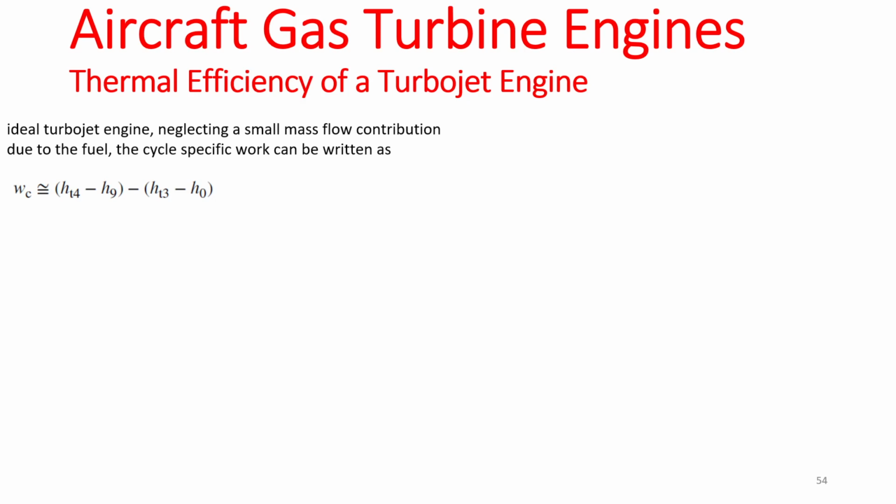The total work output of your system is essentially the total work energy you are putting in the gas, which is the energy exchange in the turbine minus whatever energy you have lost in the compressor, right? So Ht4 minus H9, minus Ht3, which is the combustor exit, minus the ambient enthalpy. Okay?